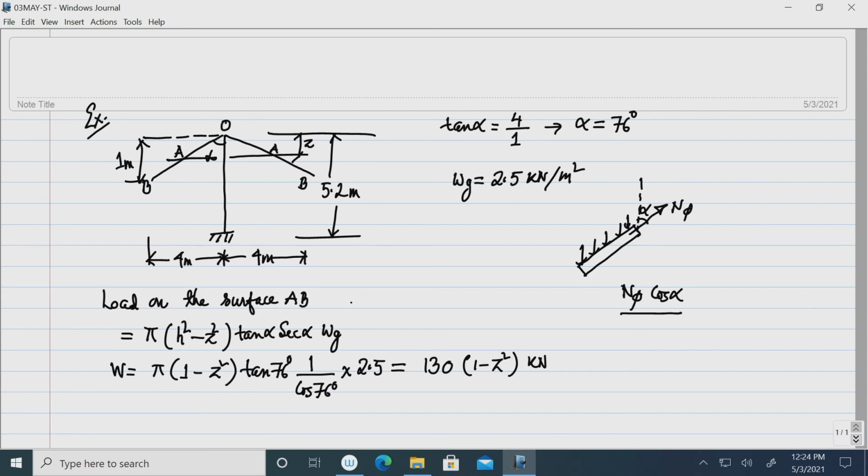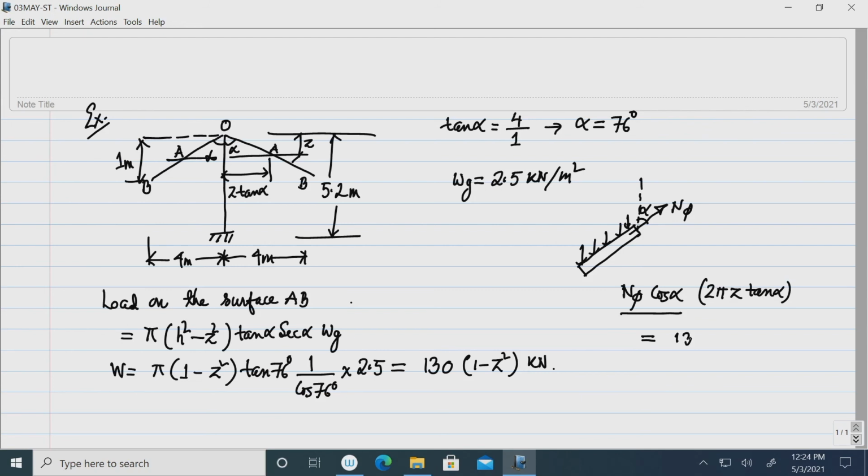So, the circumference of the circle at this level is 2 pi, and you can see this distance is z tan alpha. So, this is equal to z tan alpha, and it has to be equated to the total vertical load that we have obtained.